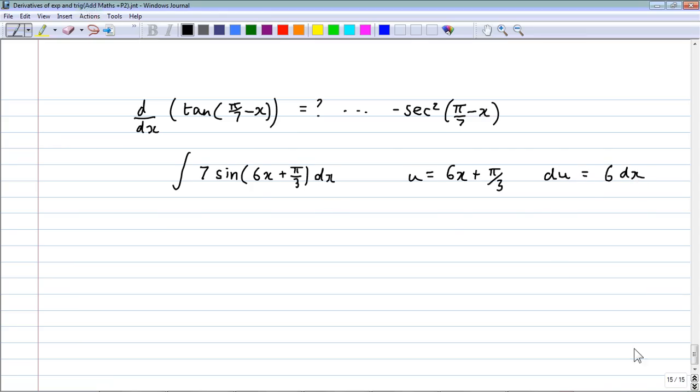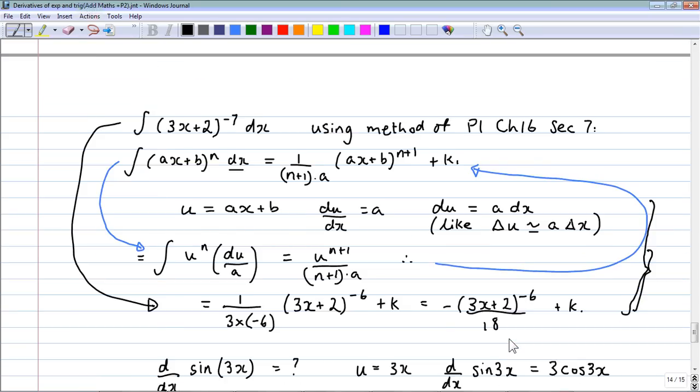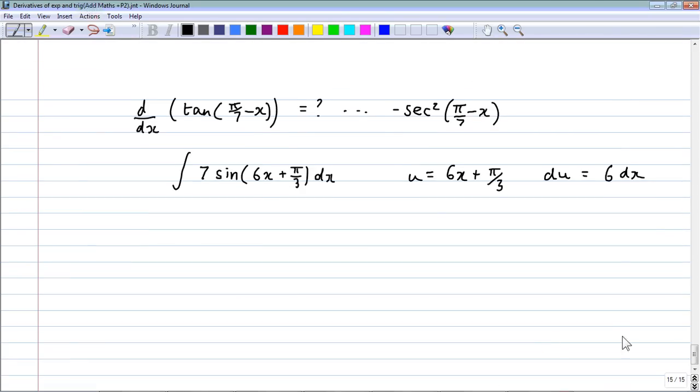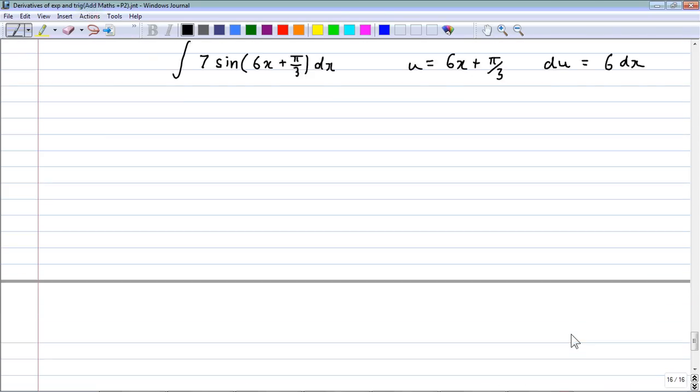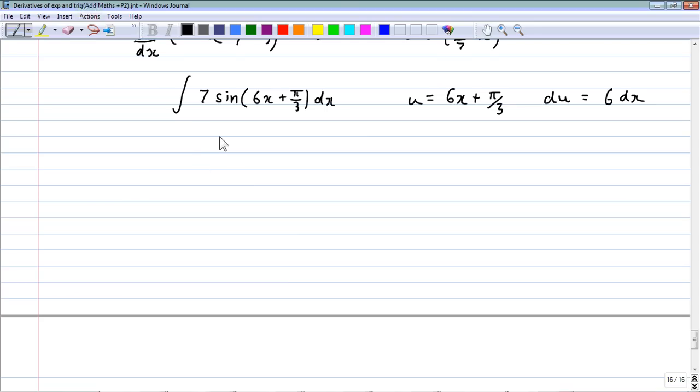And this would give us the same kind of formula as before. See if you can get the right answer. It's minus 7 over 6 cos of 6x plus pi over 3, and don't forget the constant.